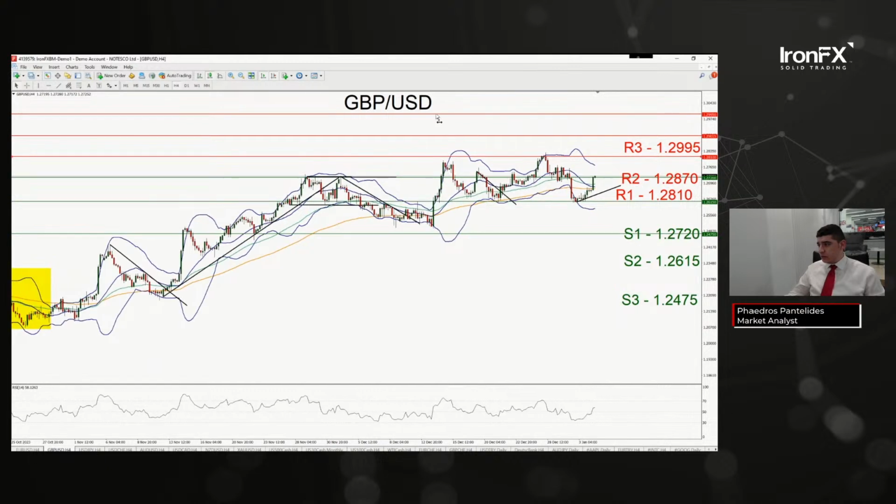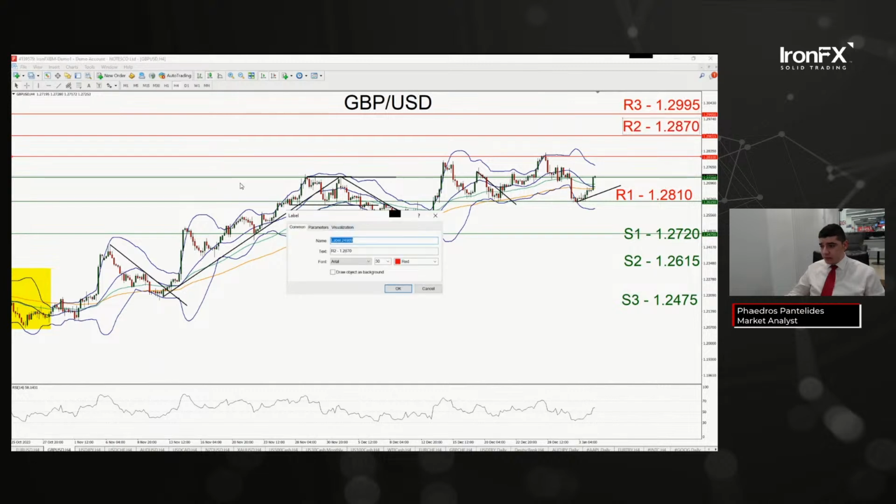Actually, let's get a clearer picture. R3, 1.2901, round it up. But if we round it up, it'd be 1.29000.